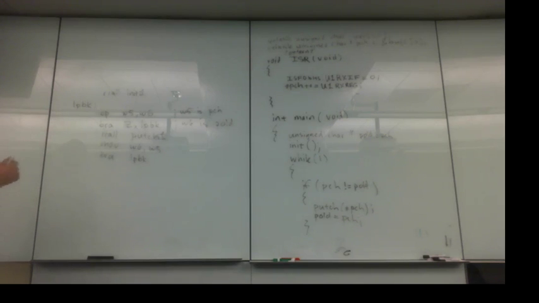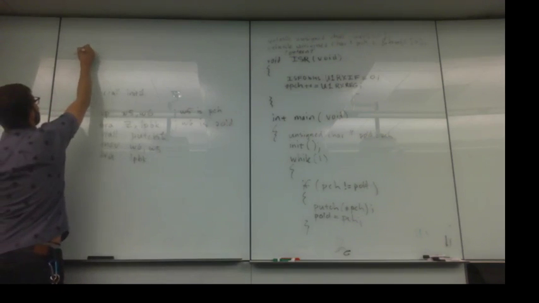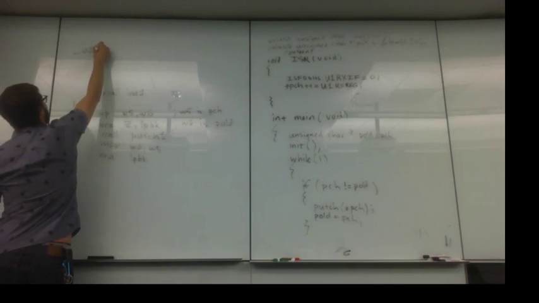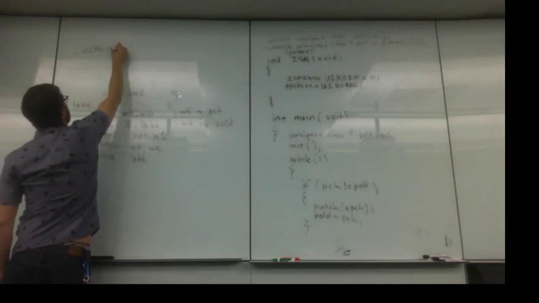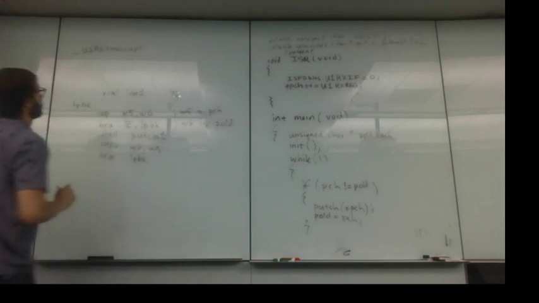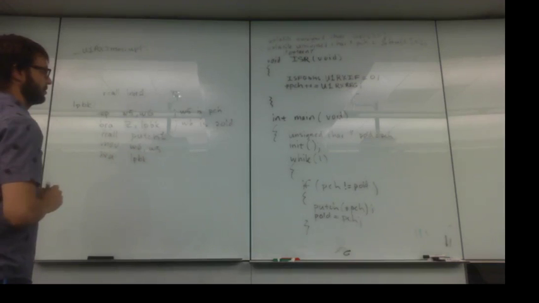So the interrupt service routine is somewhere up here. It's probably going to be called something like U1 RX interrupt. And that's the label for the interrupt service routine.